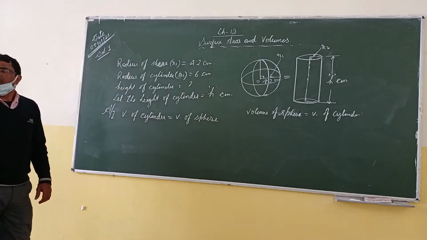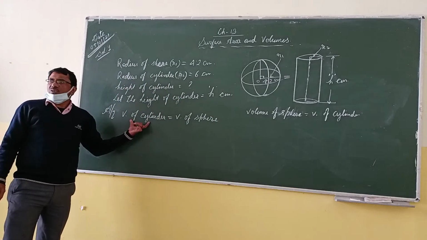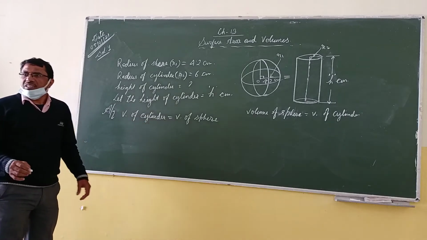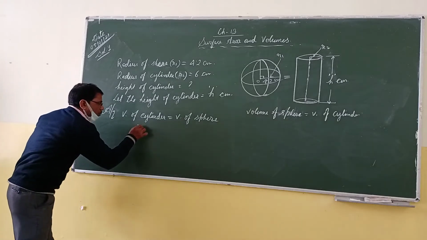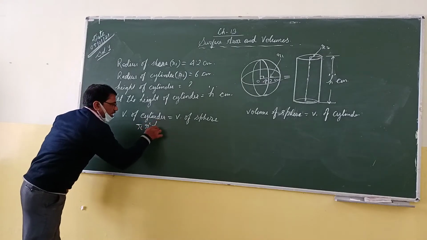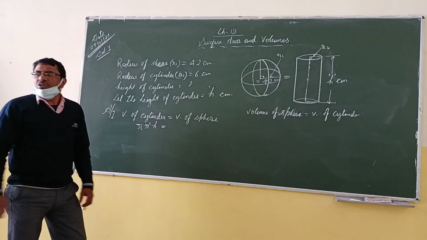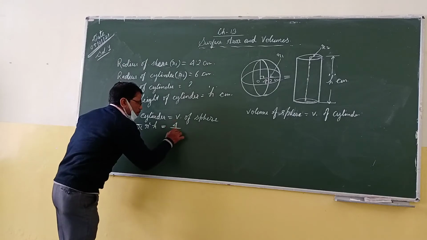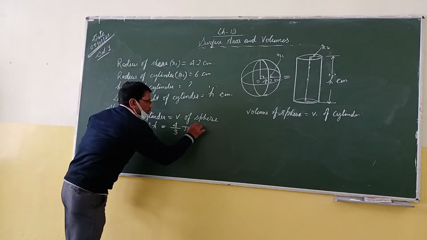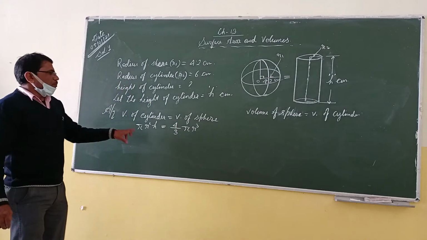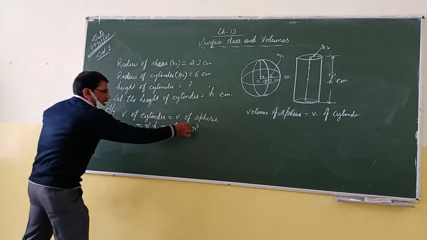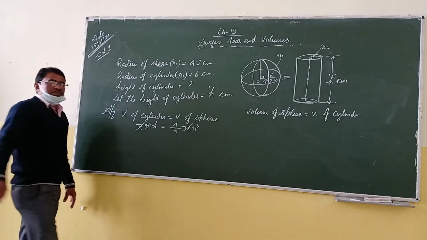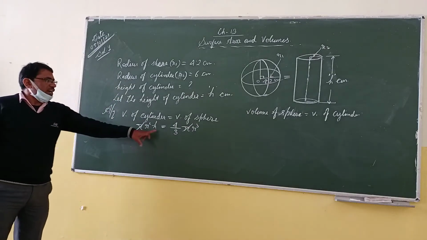Now write first formula. Volume of cylinder is equal to what? Pi r square h. So write pi r square h. This is equal to 4 by 3 pi r cube. Now students, pi and pi both are same. So directly we can cut the pi and pi, and we are going to find h.